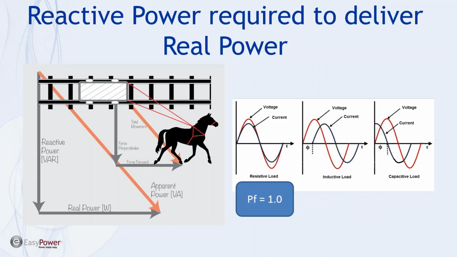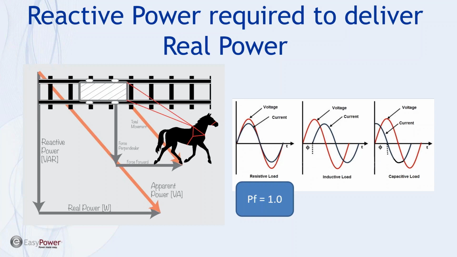Now, the analogy that I like best in terms of describing what reactive power is compared to real power is the story of a horse who was pulling a railroad car, and the track that the horse had to go on was removed or moved to the side.